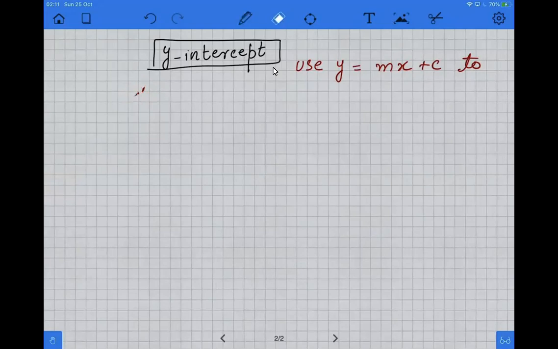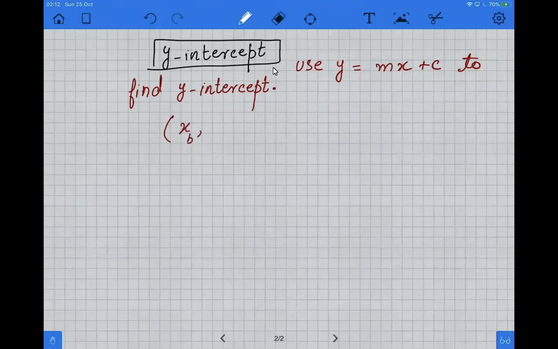Use y is equal to mx plus c to find y-intercept. So this equation can be used to find y-intercept, yet you need 1 point from the best fit line, that would be x best, y best. Use that with the gradient of best fit line.